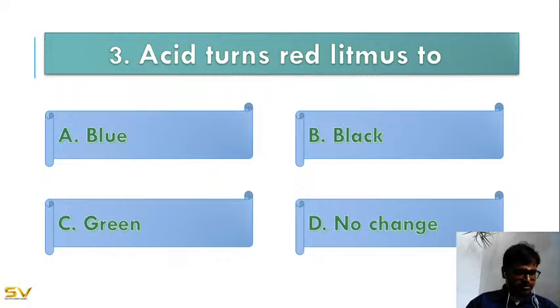Rehan, option A. Alim Khan, option B. Razak, option A. Chandana, option A. Aisha, option A. Niharika, option A. Very good, I'm getting the answers. Now I'm revealing the answers.